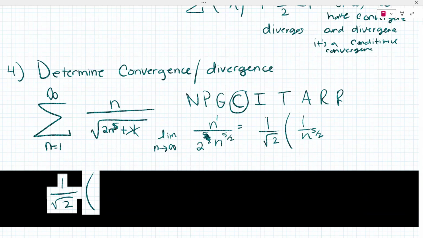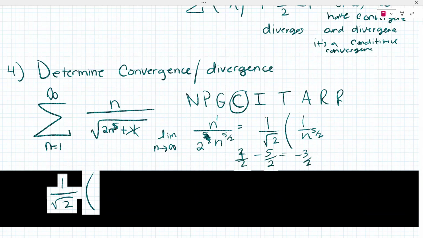So when you're dividing with the same base, you are technically subtracting. So 1 minus 5/2, I believe that is going to be 3/2. So yeah, 1 minus 5/2, or what is it? 2 minus 5 is negative 3/2.